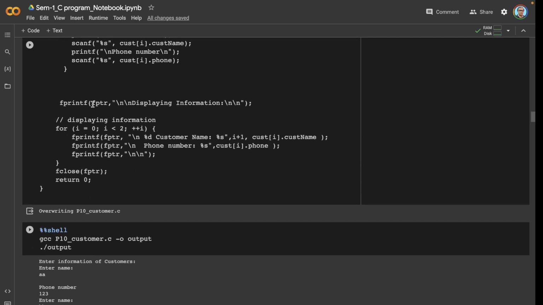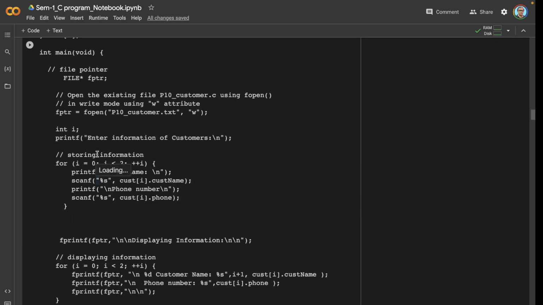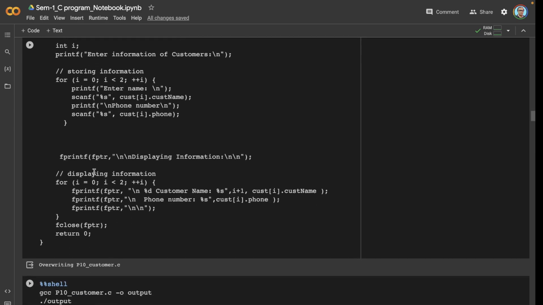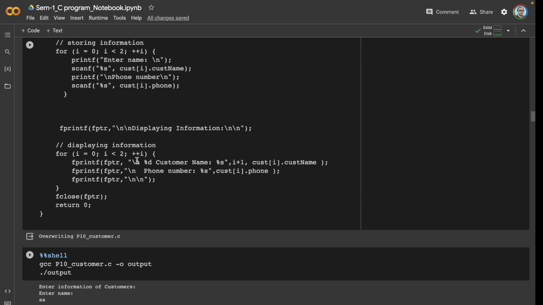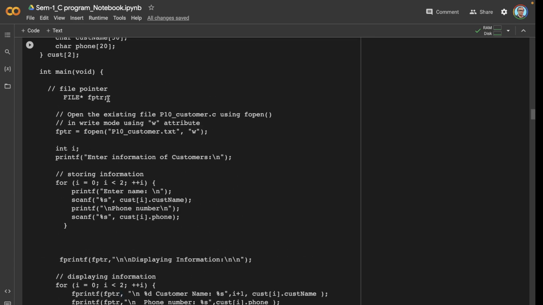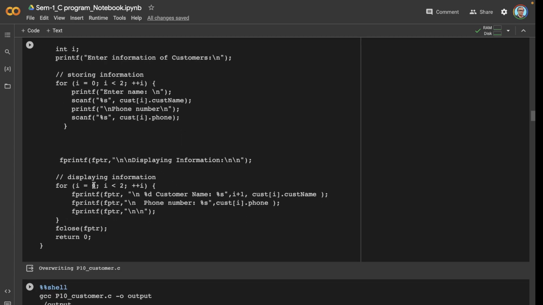Now fprintf is the command for writing to the opened file. fprintf(fptr, "Start displaying the information"), then the displaying information for i loop with fprintf to fptr, because here FILE star fptr opens the file we created, the .txt file.